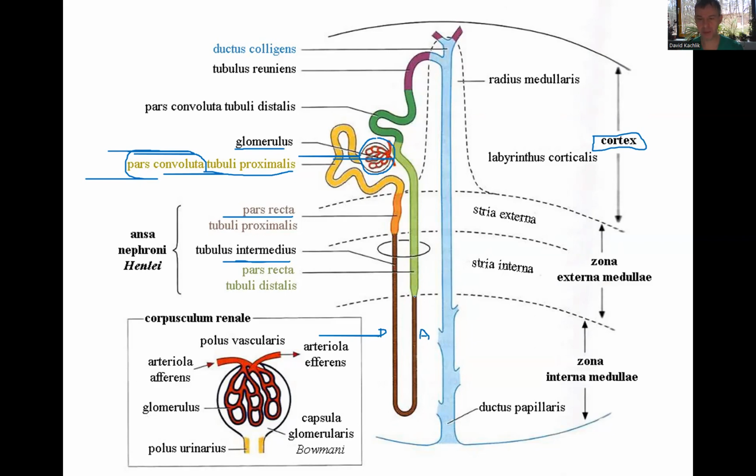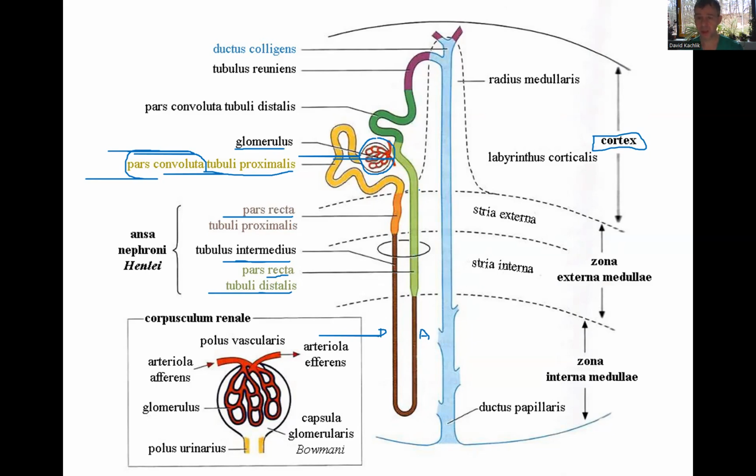Then it gets back and it's again larger. So then we call it the straight part of the distal tubule. So you can see that proximal and distal tubules are larger. So their diameter is thicker than the intermediate tubule.